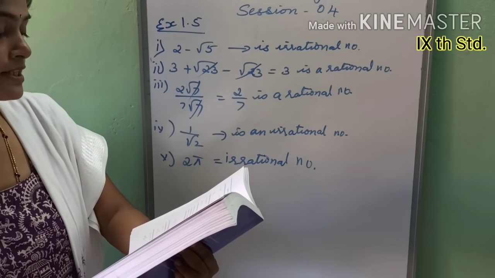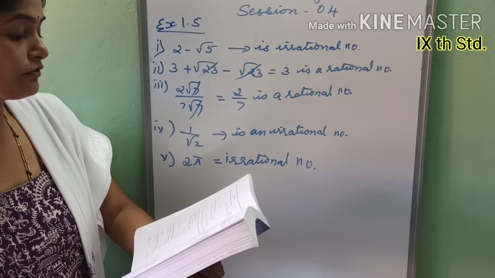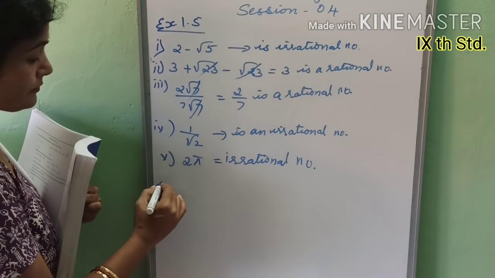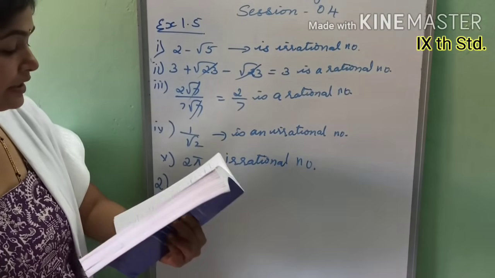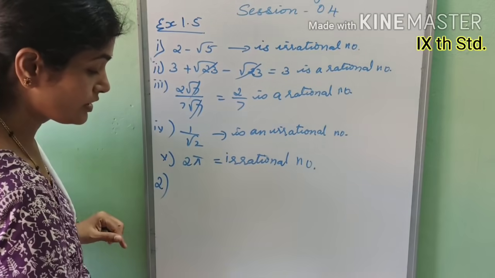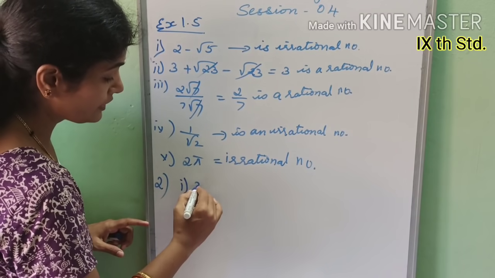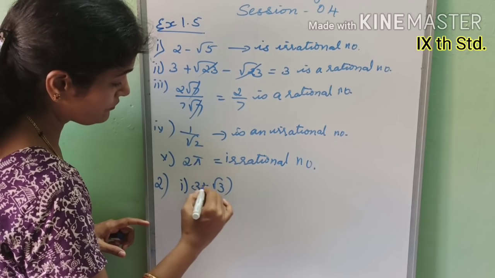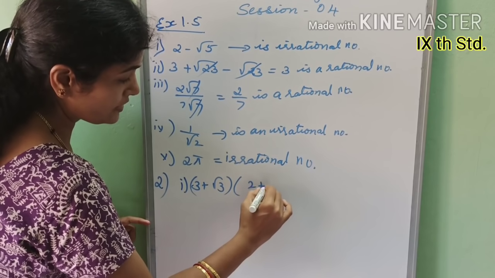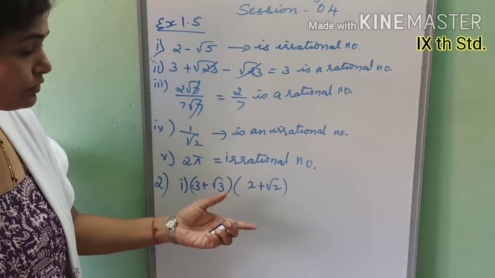Moving on to the second question. Simplify each of the following expressions. First one is 3 plus root 3 into 2 plus root 2. You have to simplify this.